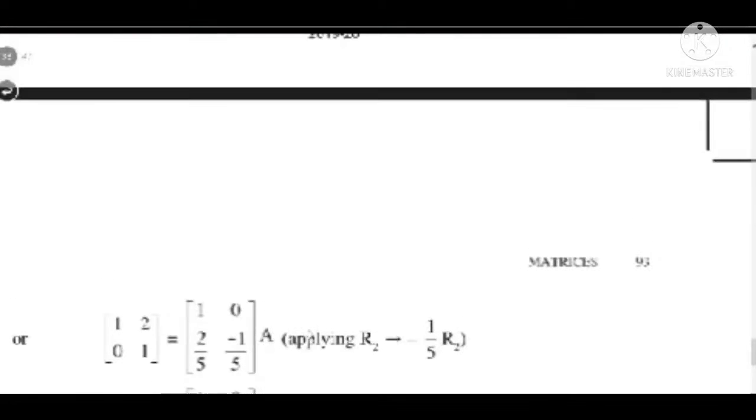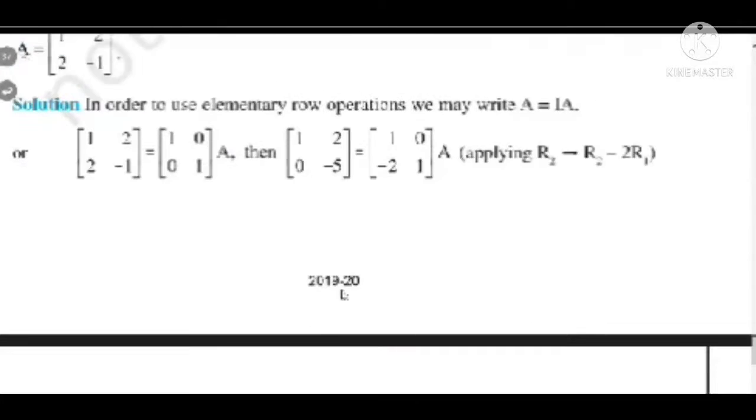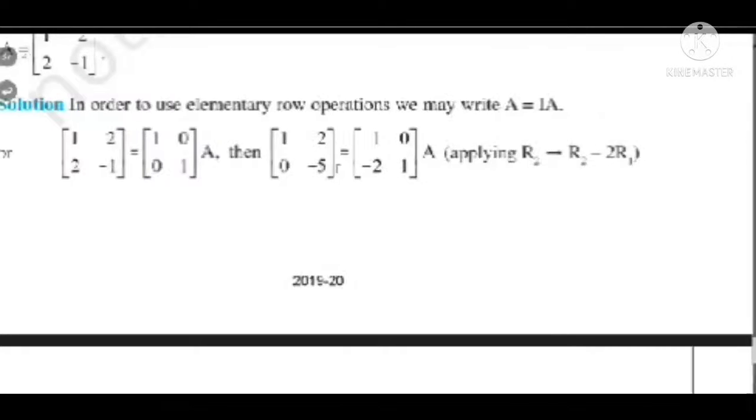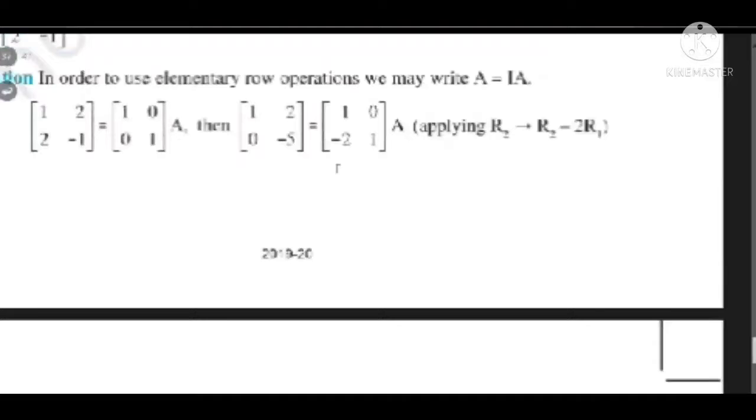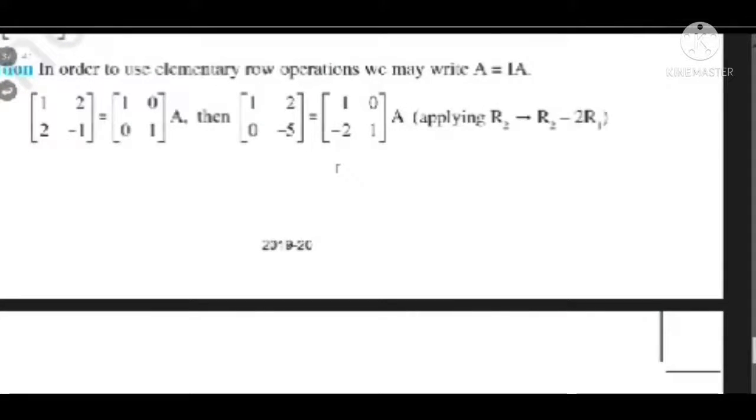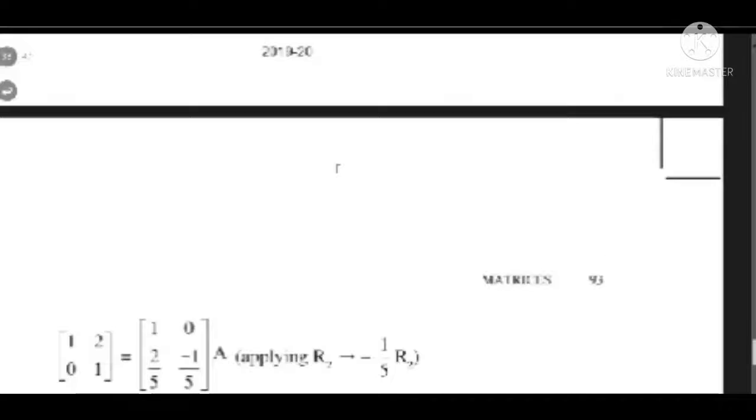Okay, now you see what we will do. In the first matrix, on the left hand side, 1 2 and 0 minus 5 is there. Now we apply R2 again, changing R2 only. R2 goes to minus 1 by 5 R2.